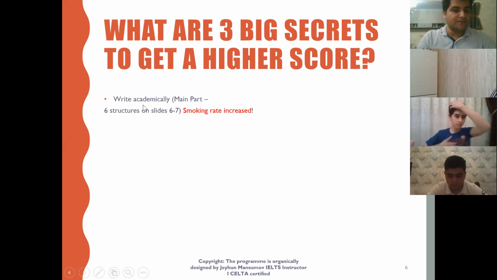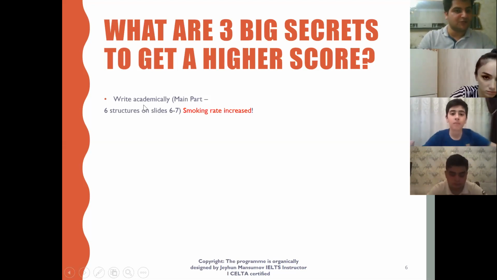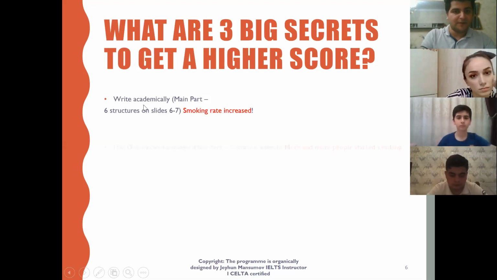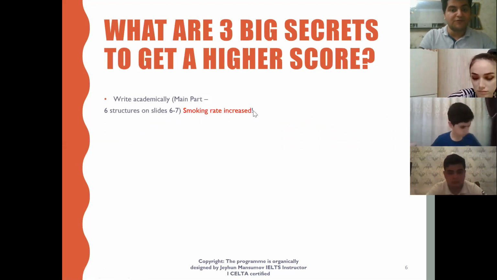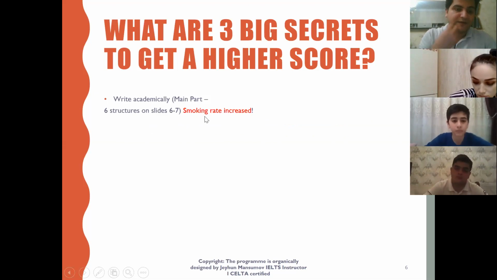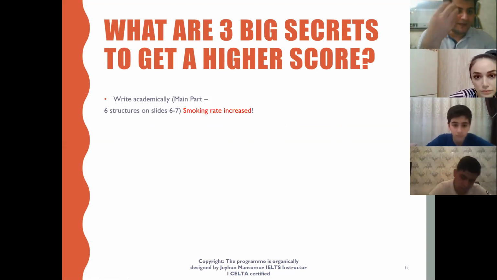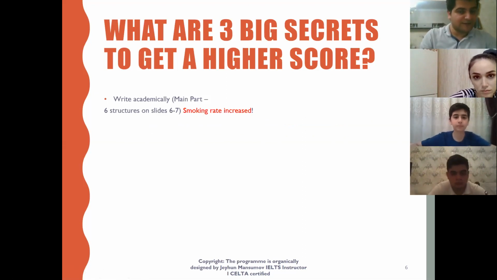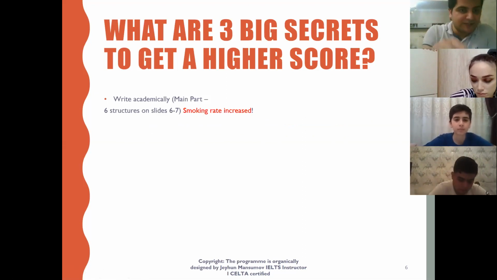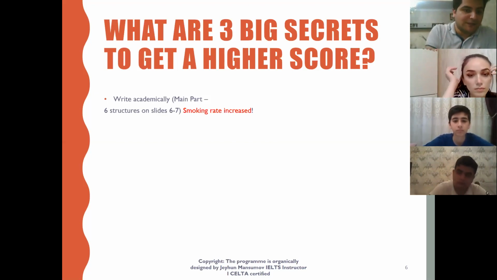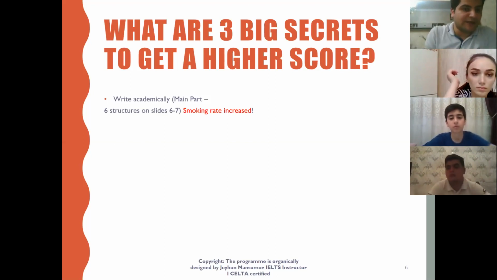Academic writing means it is not just common speech language. For instance, "smoking rate increased." So this is simple academic writing. But if you change this academic style to common speech, it's going to be like this: "More and more people started smoking."